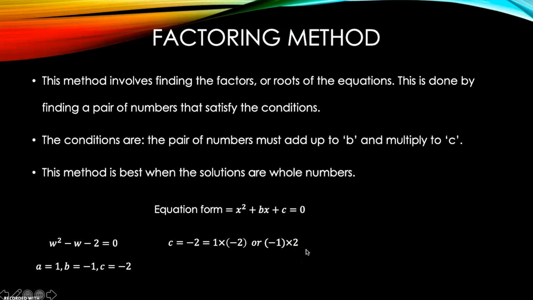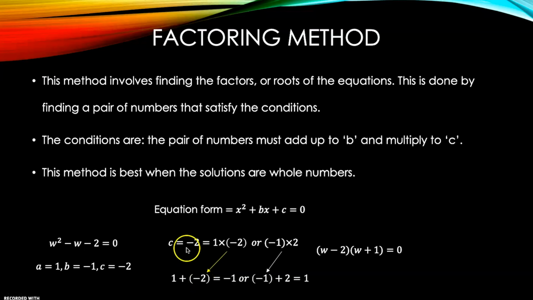And these differing negatives do matter, because as we can see, 1 plus negative 2 equals negative 1, but negative 1 plus 2 equals 1. And since b is negative 1, we'll want to take the 1 plus negative 2.